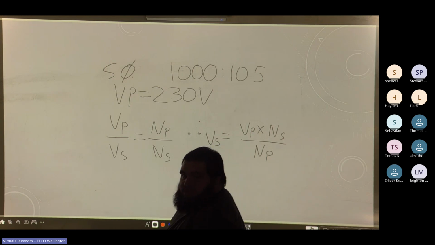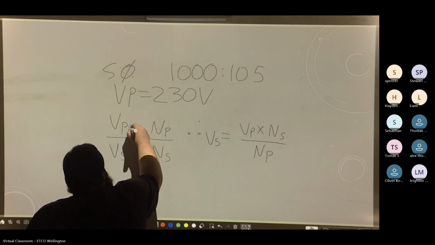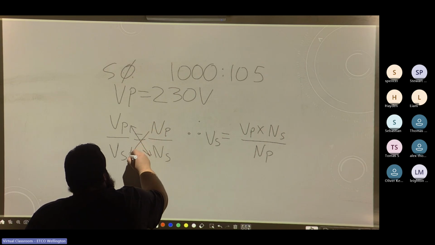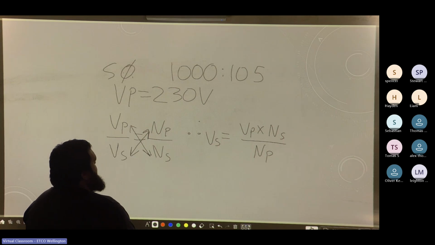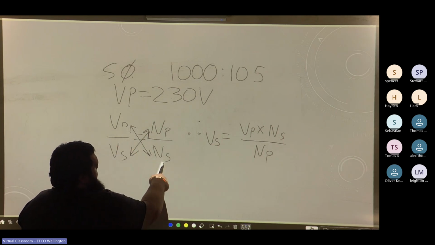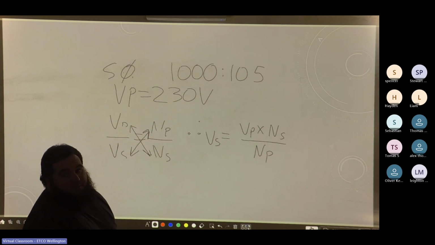The reason we do this is because we need to cross multiply when we're doing fractions like this. So it ends up being voltage primary times number of secondary turns over number of primary turns, and because we're trying to work out our voltage secondary, we take that out of the equation.